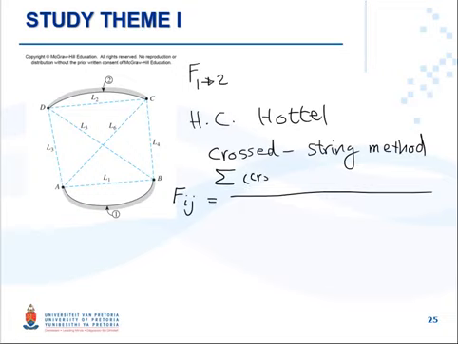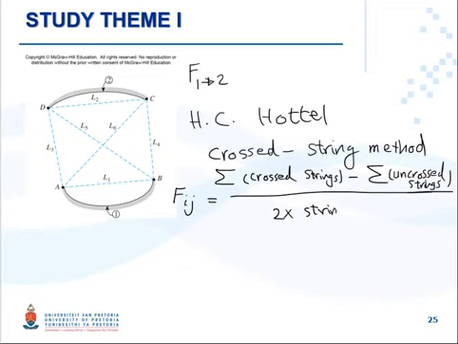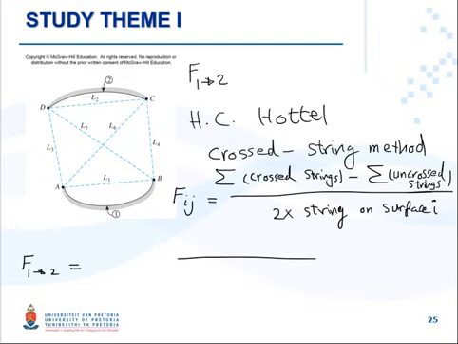Basically, this method says that F_ij is equal to the sum of all the crossed strings minus the sum of the uncrossed strings, divided by 2 multiplied by the string on surface I. Let's apply this cross-string method to F12 and see how we can find the view factor.